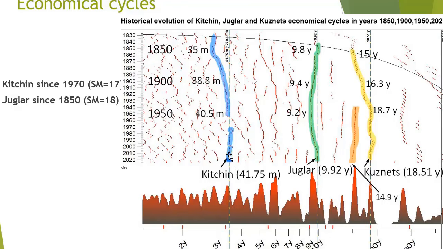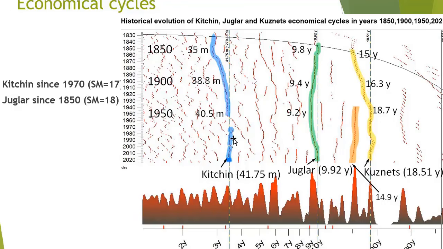You see these vertical stripes, which correspond to the most important economic cycles. This green one has a period between 3 and 4 years. I know that this is the Kitchin inventory cycle. The period of this cycle is 41.75 months. This is the Kitchin inventory cycle.